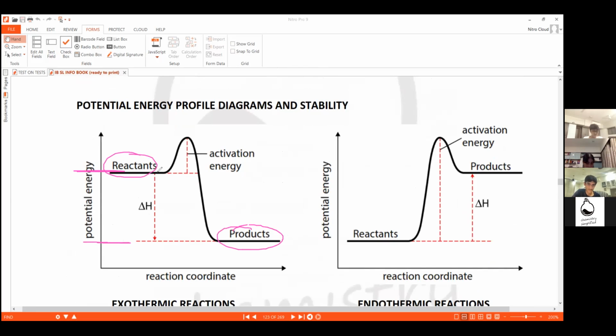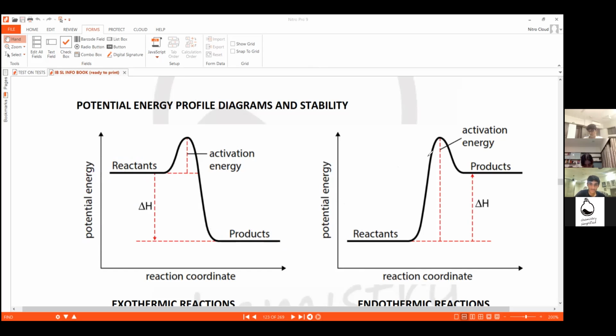This is the drop in the enthalpy, which is the enthalpy change delta H, with a downward arrow. That's the activation energy, which will be asked mostly in the 6th chapter. The only difference is that in the initial part of the chapter it was written as enthalpy, and here it is written as potential energy.